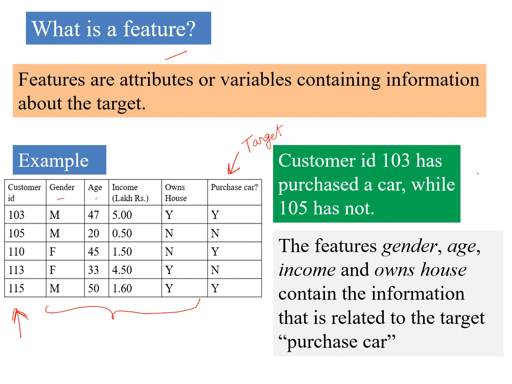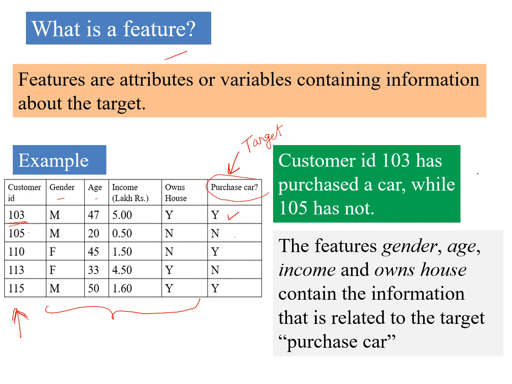These are the features. When we look at this table, we see that the customer ID 103 has purchased a car while 105 has not, because this target variable has a value yes for customer ID 103 while it has a value no for 105.